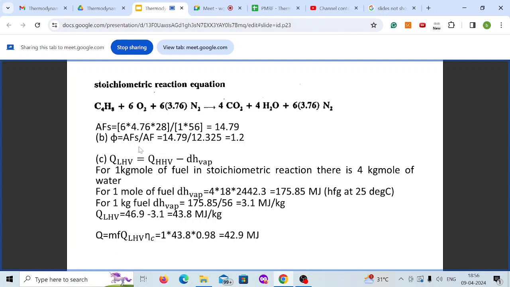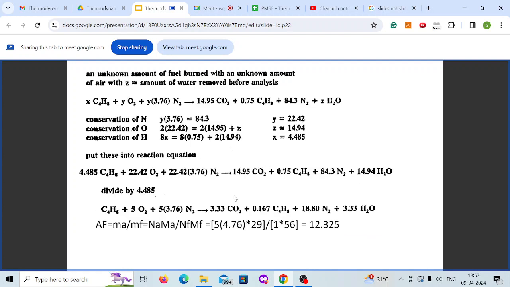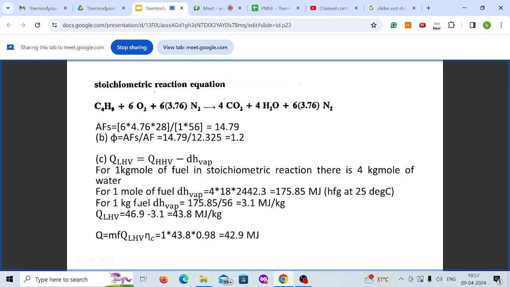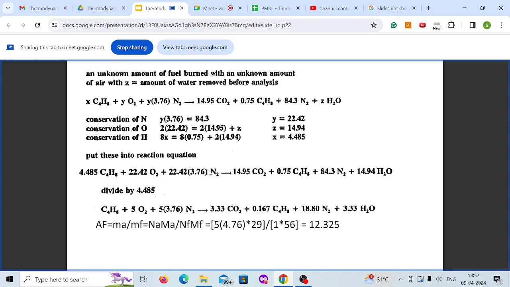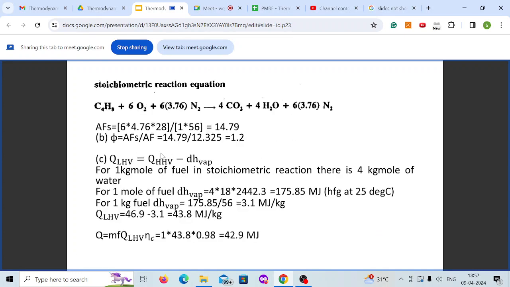Now we need to find out the lower heating value. They have given the higher heating value, so you need to find out the energy you are getting from condensation of water. For calculating heating value, you use the stoichiometric equation, not the actual equation in the problem, because that will give the overall total heating value.